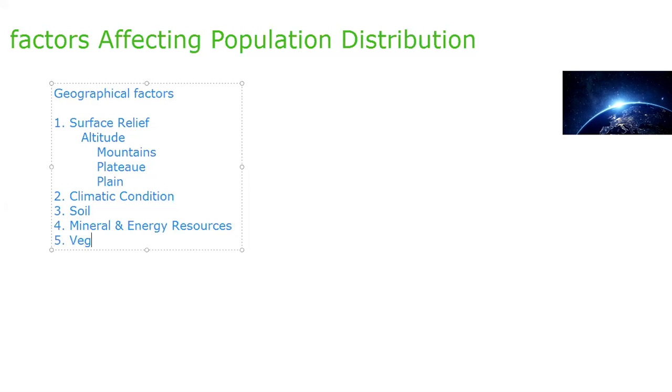And next factor is vegetation. Vegetation is the type of plants which is found in any area. So if the vegetation is helpful for human population, then there will be more population.